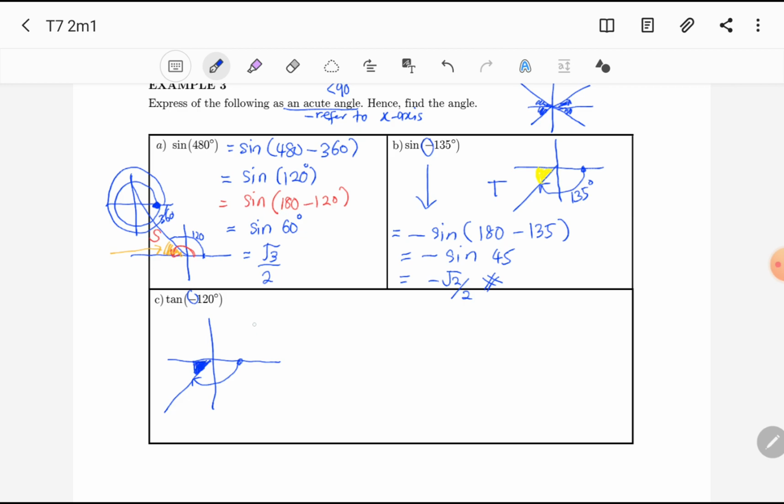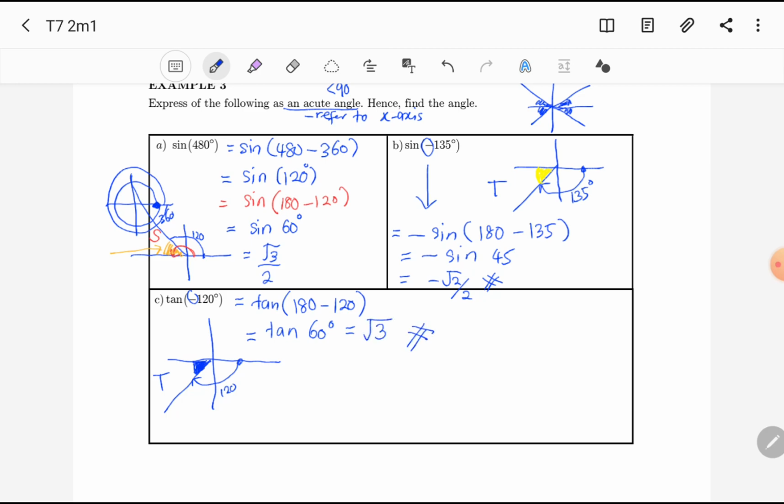Okay, so ni kan tangent positif, third quadrant, tangent yang positif. So, we can write as tangent 180 minus 120. So, we will get equals to tangent 60 degrees, and equals to root 3.